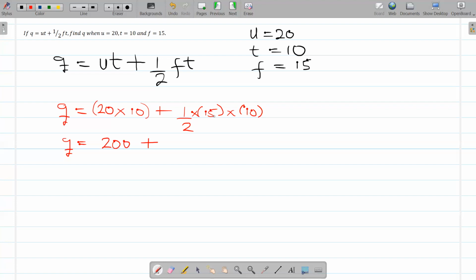Yes, it can. So how many times can 2 go into 15?